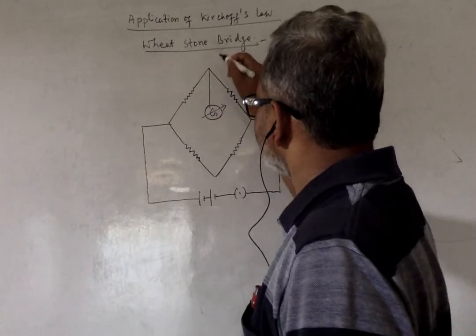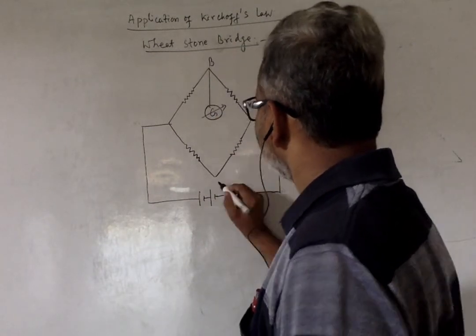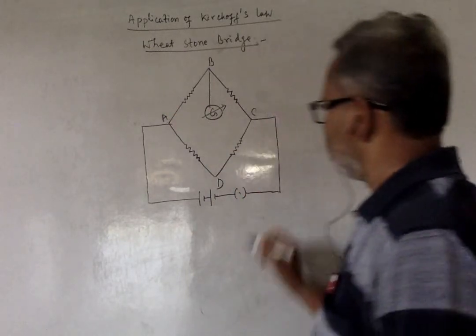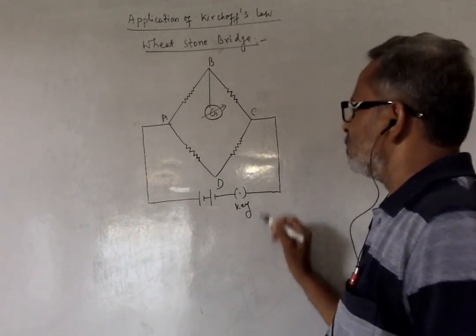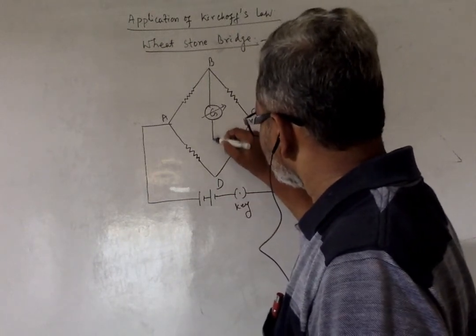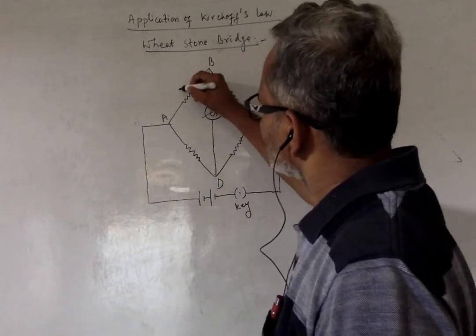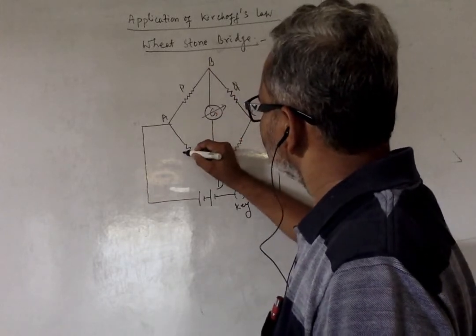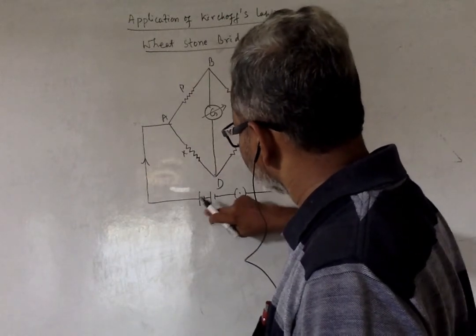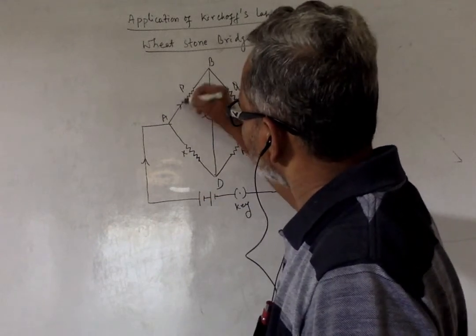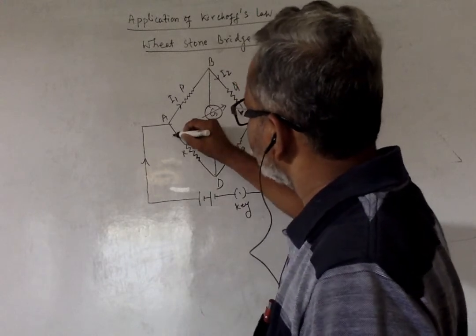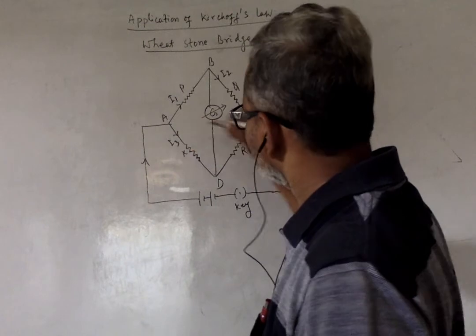A galvanometer is connected between the junctions B and D, and a battery and a key are connected between the junctions A and C. The resistors P, Q, X, R have currents I1, I2, I3 and I4.